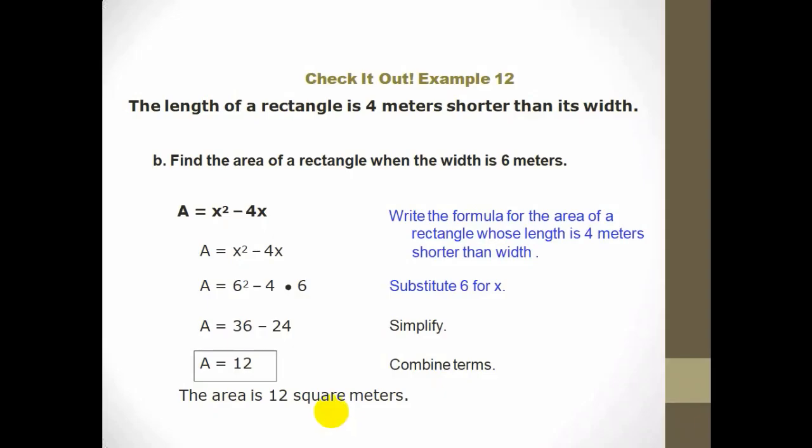Dear students, in this video lecture, I have told you about operations on polynomials. Operations on polynomials mean how to multiply polynomials, how to add polynomials, how to subtract two polynomials, how to divide polynomials.